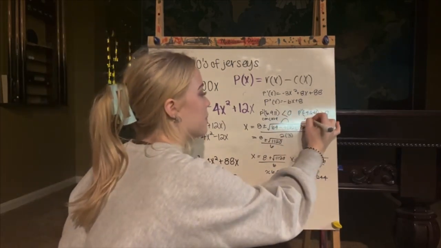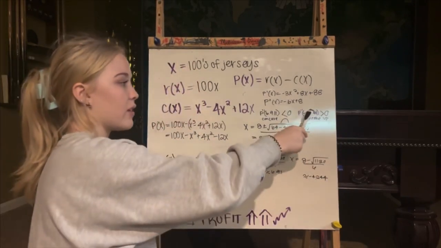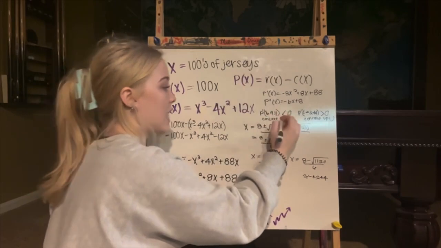While over here, our original function is going to be concave up because our second derivative is positive. So we have our concave down, and our concave up.